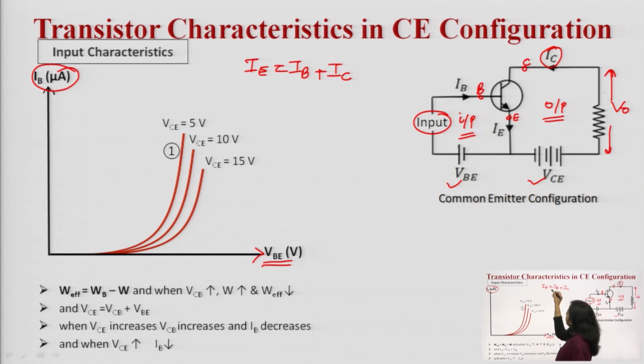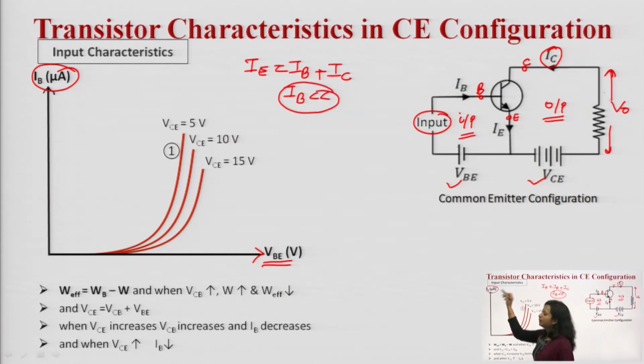So hardly 2 to 5% of the recombination takes place in the base region, and the remaining charge carriers are collected by the collector. So this particular value IB is very, very small. It is of the order of microamperes.